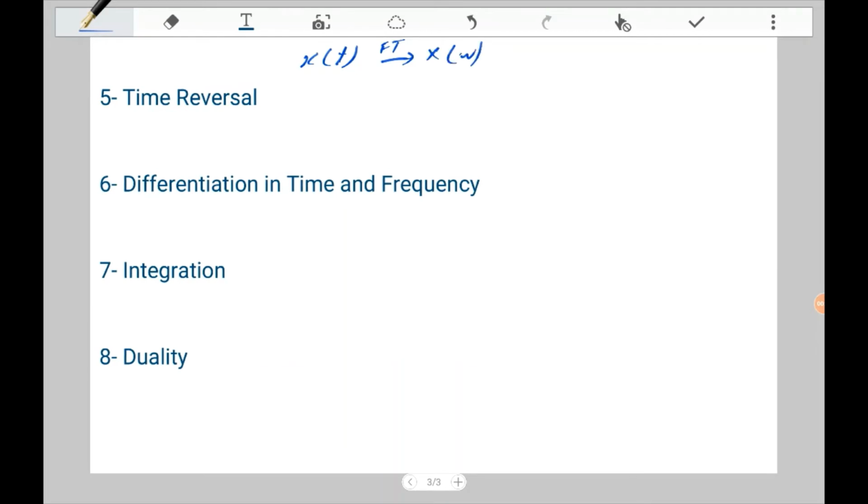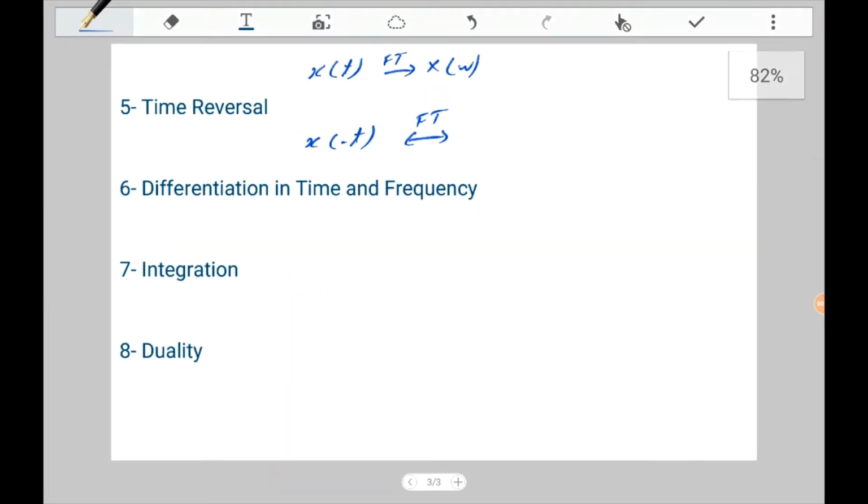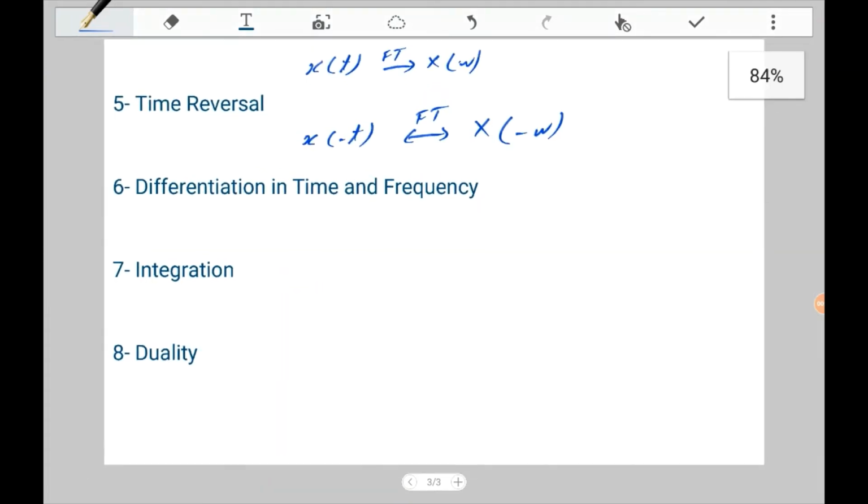So the time reversal property states that if we reverse the time to minus t, then its Fourier transform will be X of minus omega. The next property is differentiation in time and frequency.